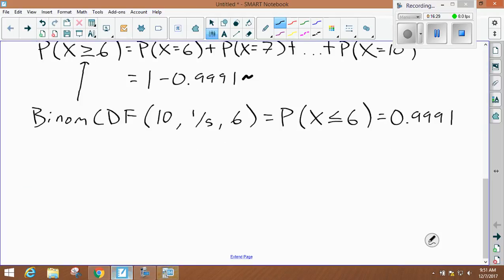And I'm sorry, I should have written my approximate symbol. I need to write my approximate symbol here.